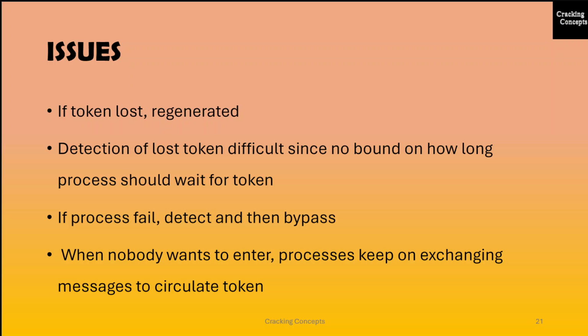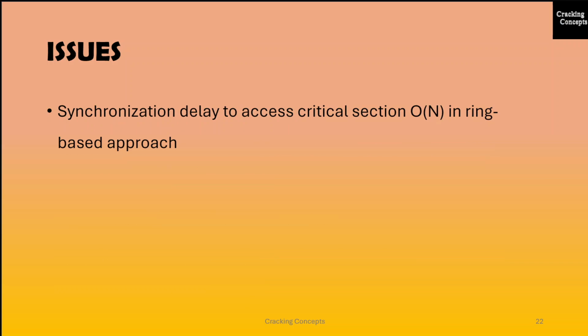Now, when nobody wants to execute the enter function, processes keep on exchanging messages to circulate the token. Now, when we look into the client or synchronization delay to access the critical section, it is still big O of n in this ring-based approach.